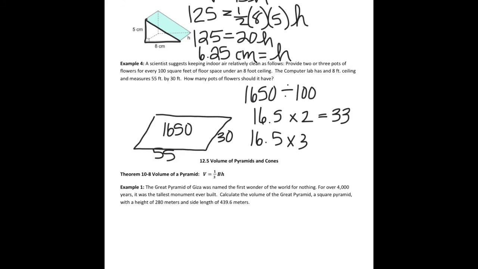And 16.5 times 3 is 49.5, which can't have half of a plant, so 50. So the number of plants, if we were to represent number of plants with the letter P, I could write it as 33 is less than or equal to P is less than or equal to 50.